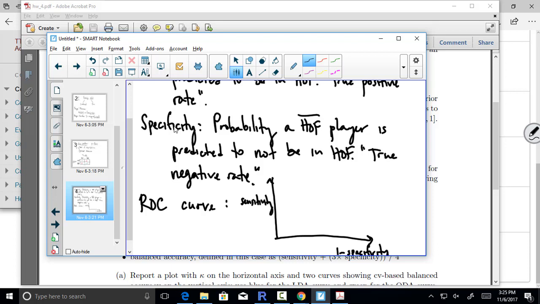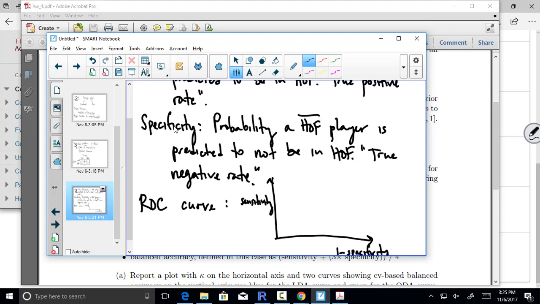So suppose we took that kappa, the probability threshold we're going to use for classifying to the Hall of Fame, and we let it vary from 0 all the way up to 1 in 0.05 increments maybe. So I'm going to try kappa equals 0, kappa equals 0.05, 0.1, all the way up to 1.